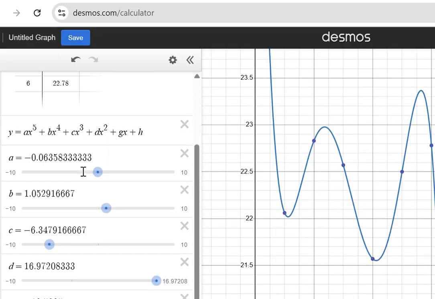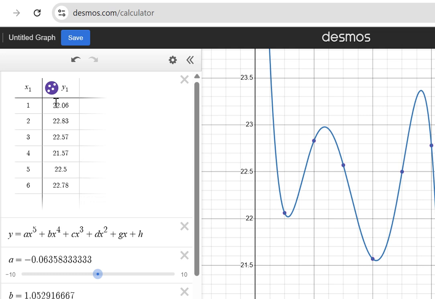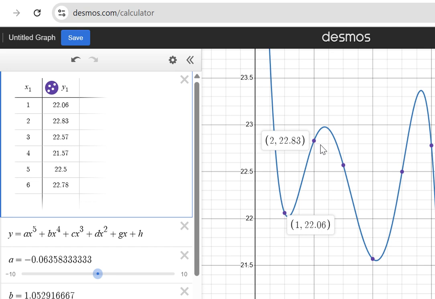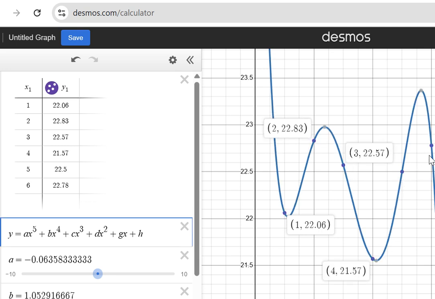Okay, so I've brought up all the data points, all the miles per hour that I did on each day. So day 1, day 2, day 3, day 4, day 5, and day 6. So here's day 1, here's day 2, day 3, day 4, day 5, and day 6 is right there.